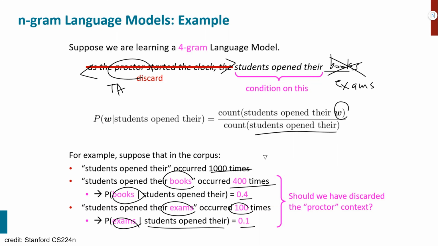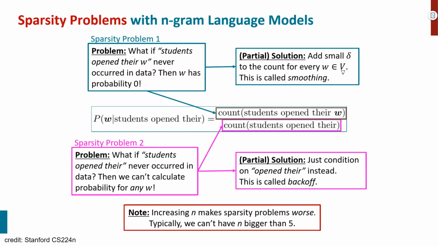And here you can think, oh, even though we have 3 contexts, that might not be enough, and we should not discard the proctor context because it gives a crucial insight into what the next word would be. You can think of it as the sparsity problem with n-gram language models.